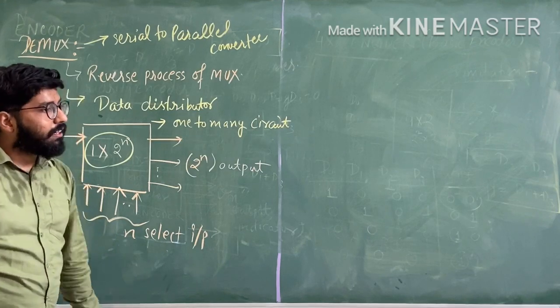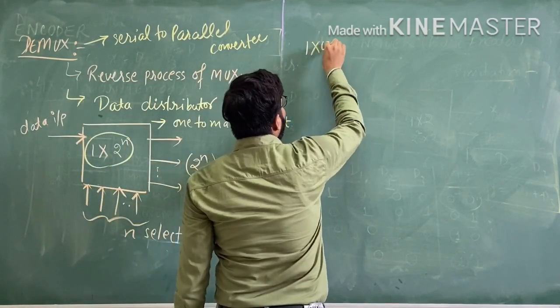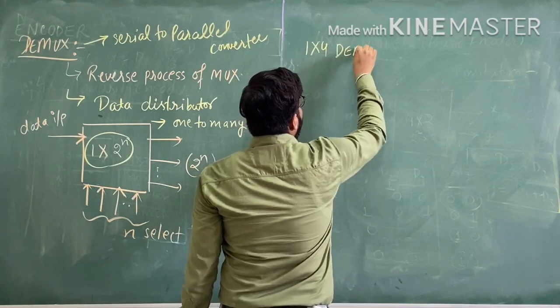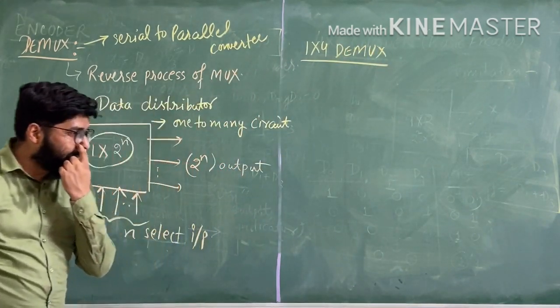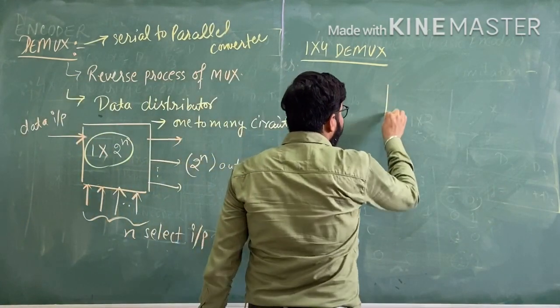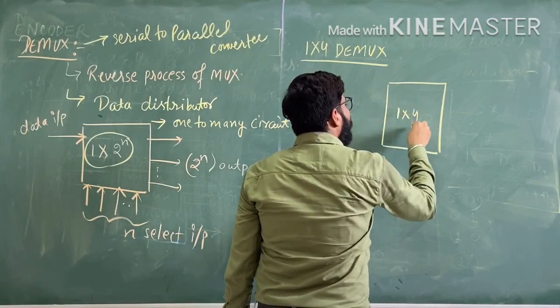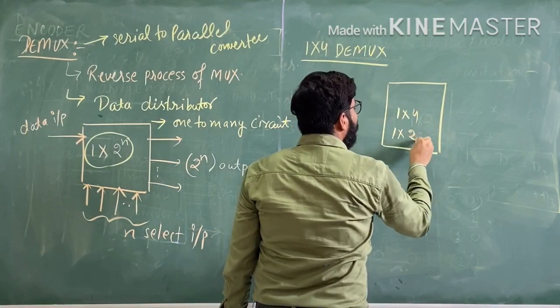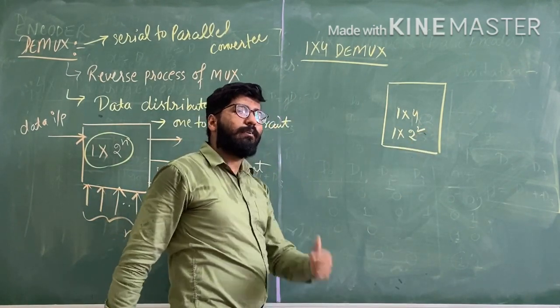Now we design a basic demux, that is the 1 cross 4 demux. Suppose this is 1 cross 4; we can write it as 1 cross 2 raised to the power 2. So here n equals 2, and we have n select lines.